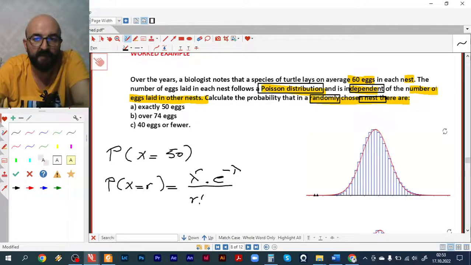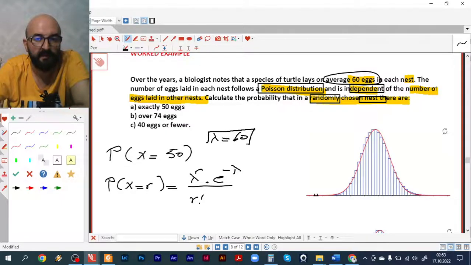The average is 60, they tell us the average is 60, it means lambda is 60.